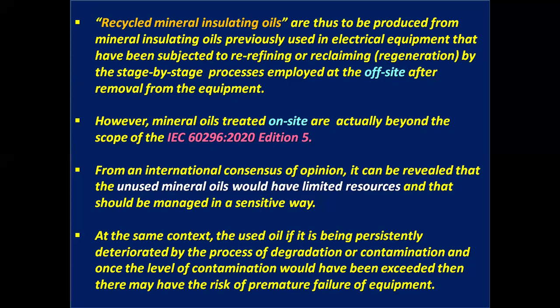In the same context, the used oil, if it is persistently deteriorated by the process of degradation or contamination, and once the level of contamination has been exceeded, then there may be a risk of premature failure of equipment.